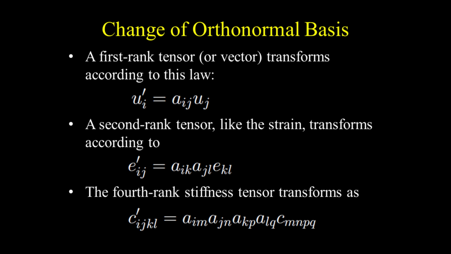A second-rank tensor, like the strain, transforms according to E'ij equals Aik Ajl Ekl. The fourth-rank stiffness tensor transforms as follows. This formula is the one we use for stiffness and compliance tensors.